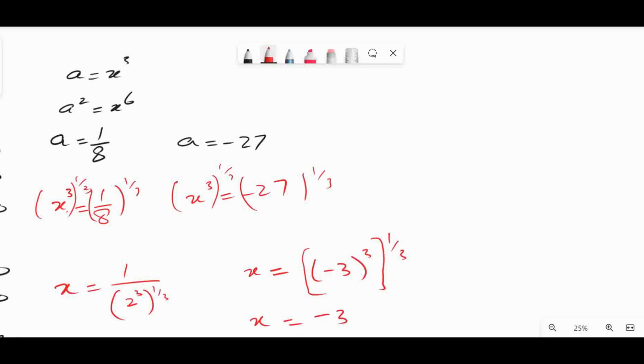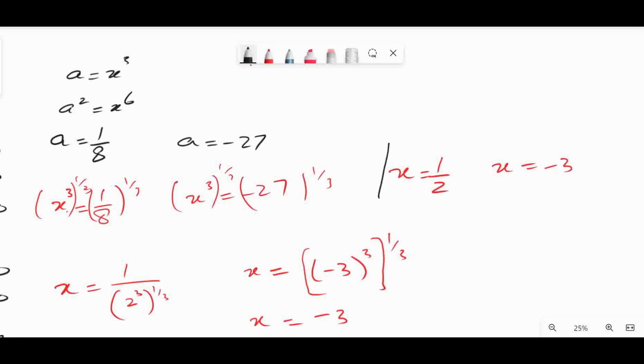So from here we can conclude that x will be equal to, not 2, it should be 1 by 2. x will be equal to 1 by 2 and x will be equal to minus 3.